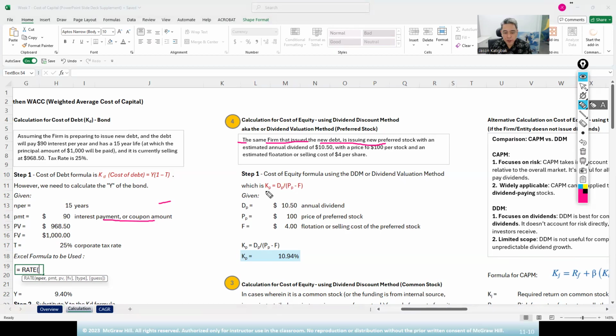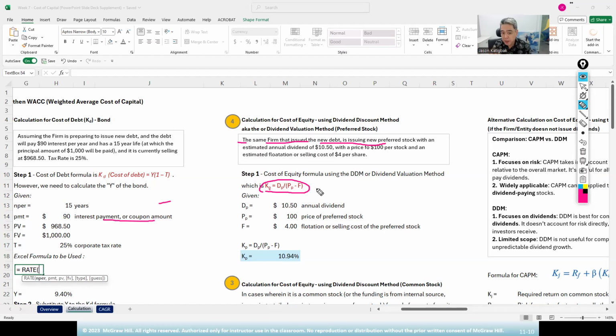Now, we will be using this formula, which is KP, P referring to preferred stocks. Normally, if it's equity, it's KE, right? But now we're making a distinction because of the flotation cost, because it's a new issuance.